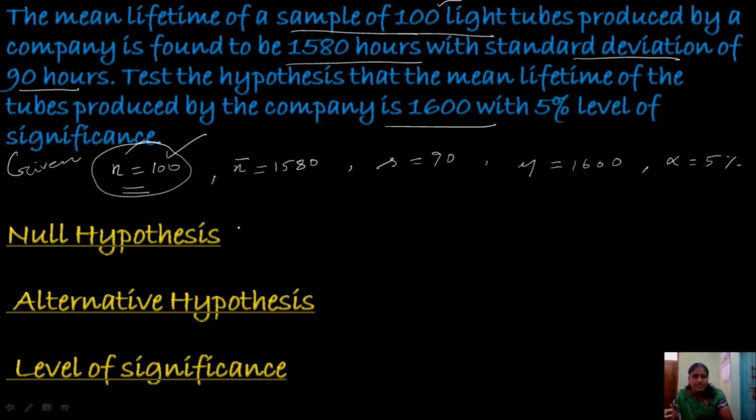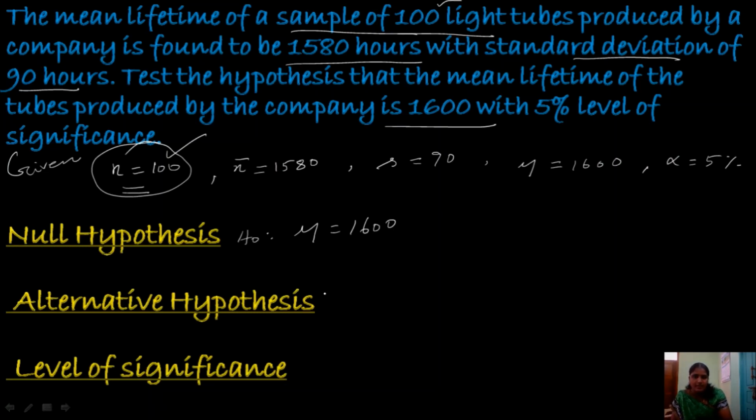Now I am going to set up my null hypothesis H naught as mu is equal to 1600. That means there is no significant difference between the sample mean and population mean, or the mean lifetime of the tubes produced by the company is 1600 hours.